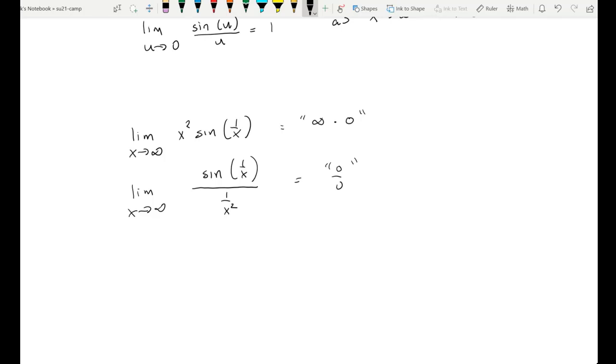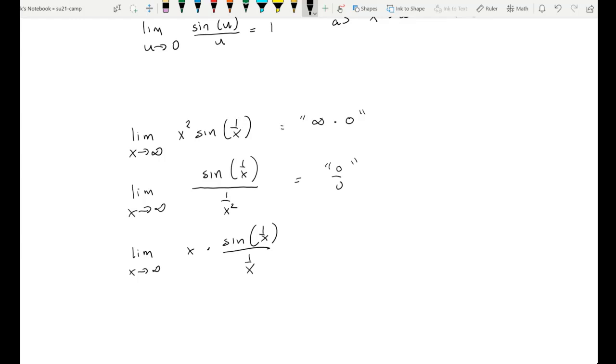Okay, and then let's see, use our special trig limit. I should have just done 1 over x. Okay, let's just write this as x times sine of 1 over x over 1 over x. Okay.